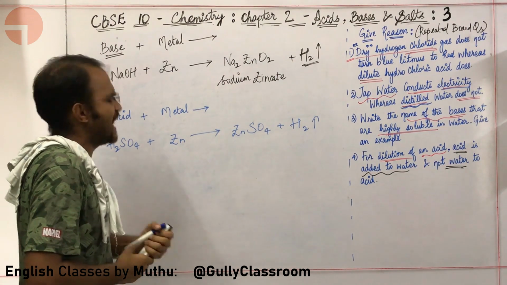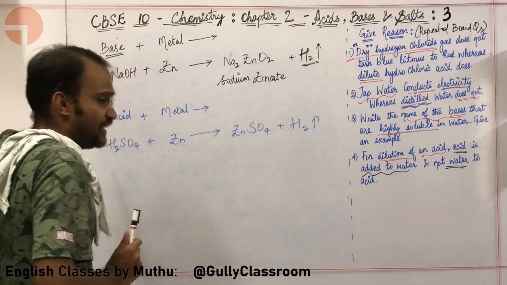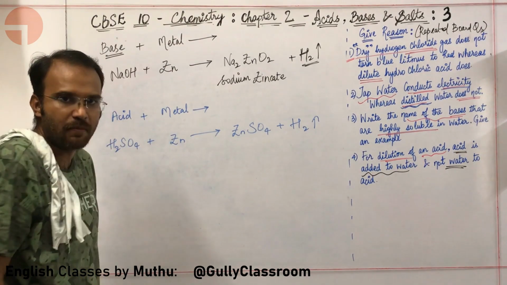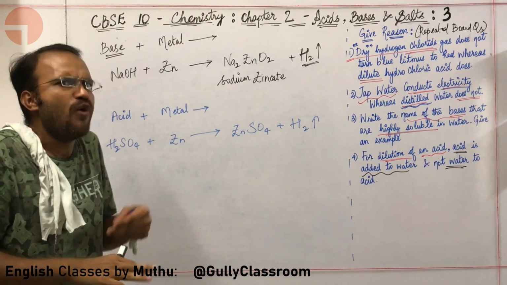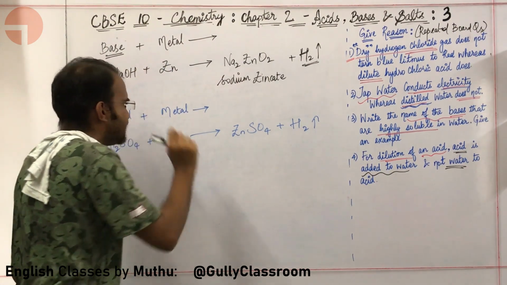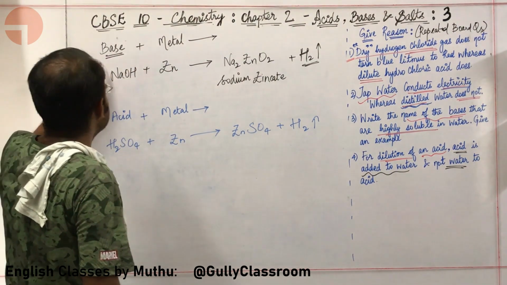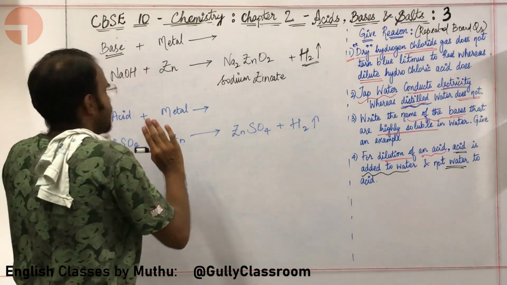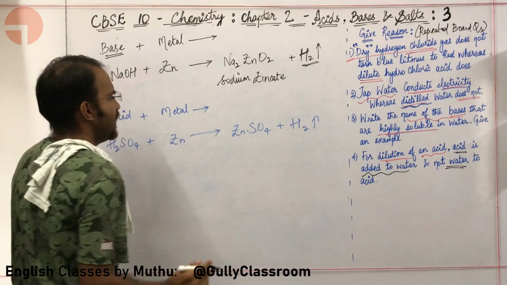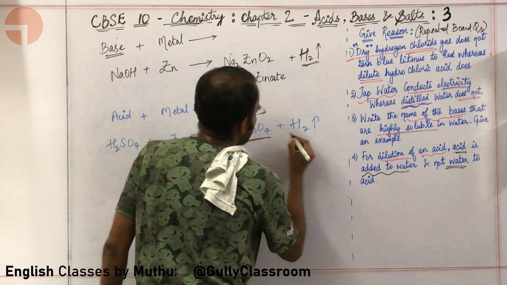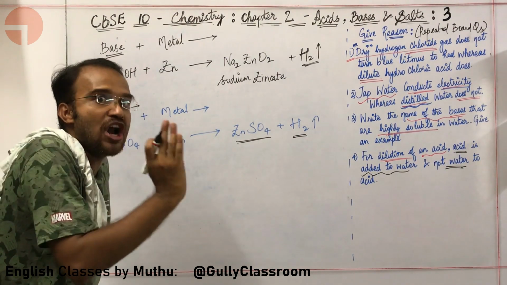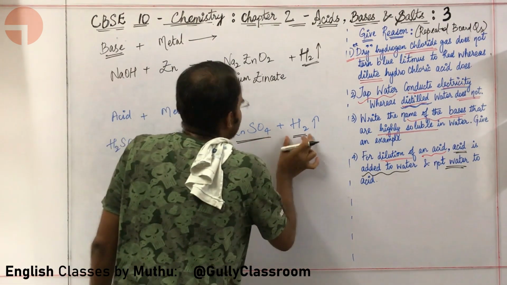So the next thing you will ask me is, what is the difference when a base reacts with a metal and an acid reacts with a metal? When an acid reacts with a metal, it always forms a salt and hydrogen.